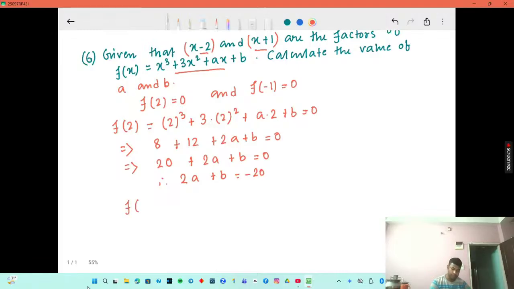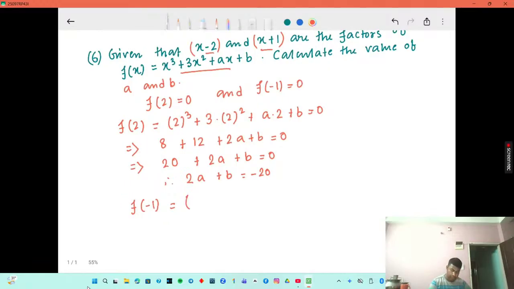So f(minus 1) is equal to minus 1 whole cube plus 3 into minus 1 whole square plus a into minus 1 plus b is equal to 0.